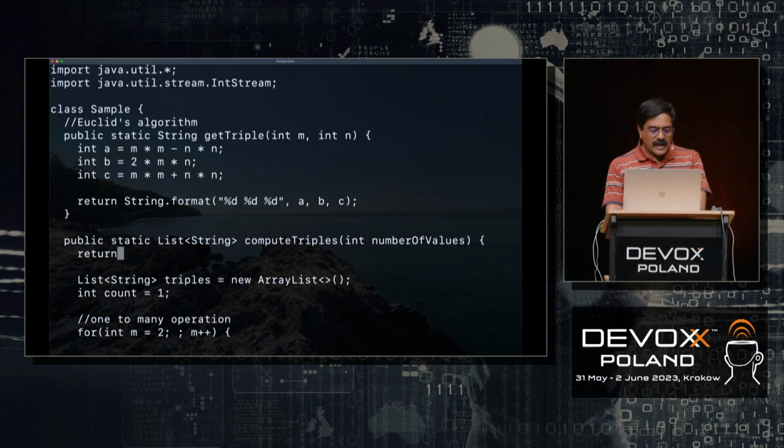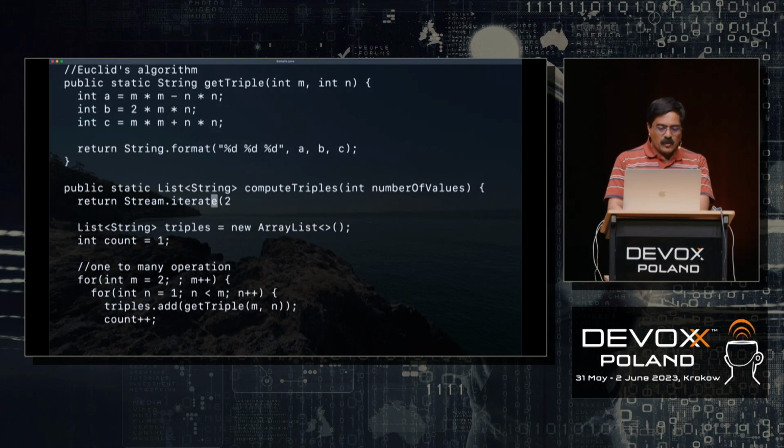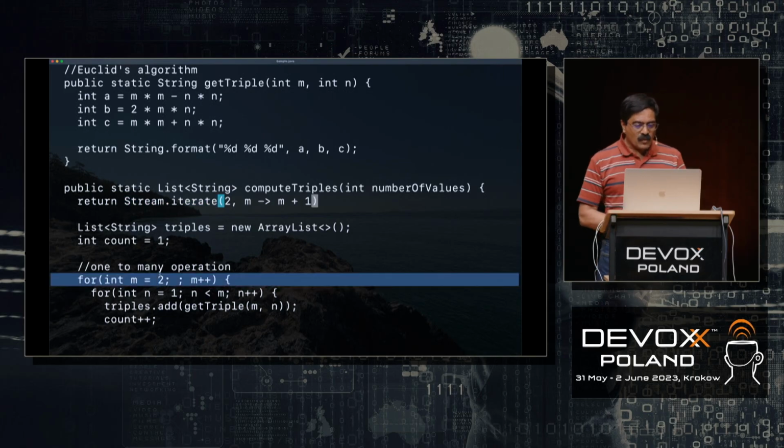So what I can do is simply say Stream.iterate, and we'll start with the value 1, or rather 2. And why 2? Because remember, m is starting with the value of 2 right there in this call, as you can see. So we start with the value of 2, if you will. And then given the value of 2, I want to say, given an m, give me an m plus 1. So this line here literally becomes this infinite stream right there.